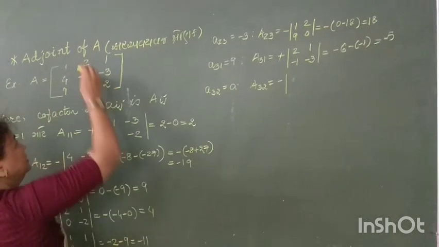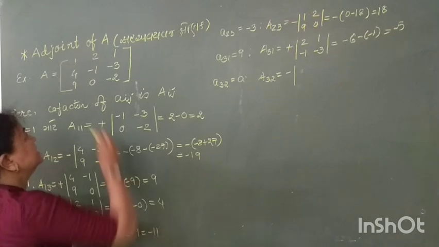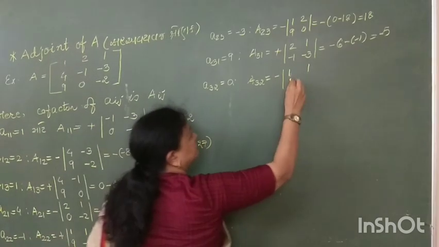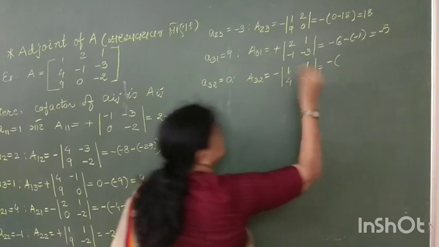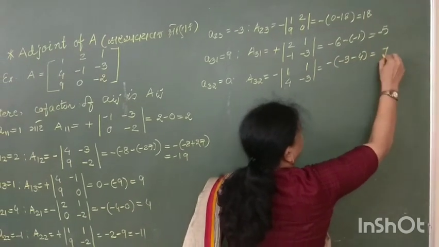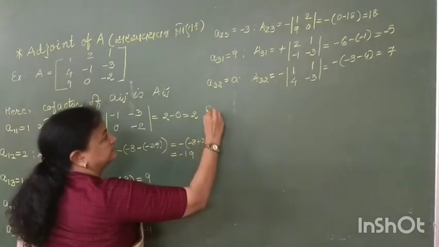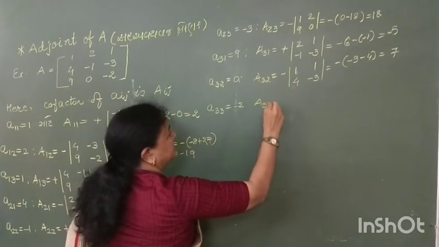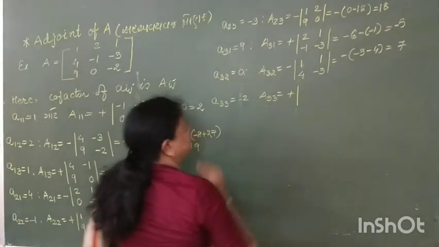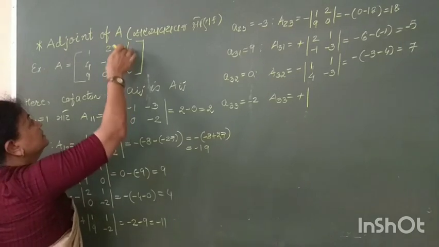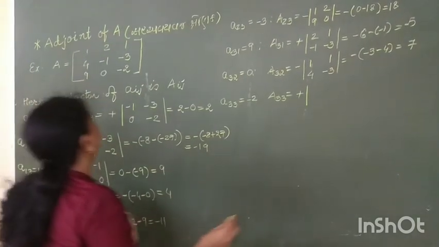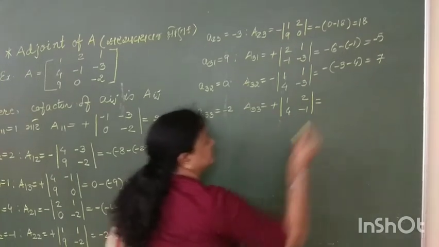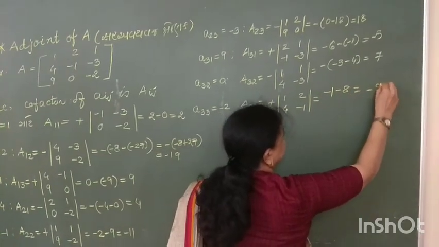We remove the third row and second column, and the remaining entries are 1, 1, 4, -3. So -3 minus -4, the final answer is 7. A33 is -2. A33, the final sign is positive. We remove the third row and third column, and the remaining entries are 1, 2, 4, -1, so -1 minus 8, that is -9.